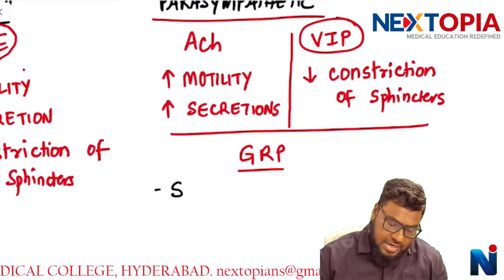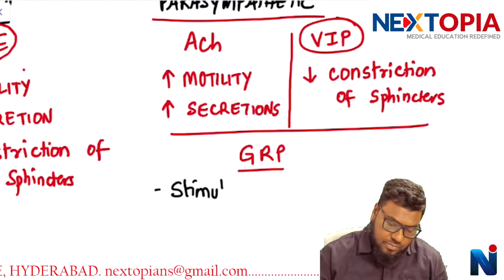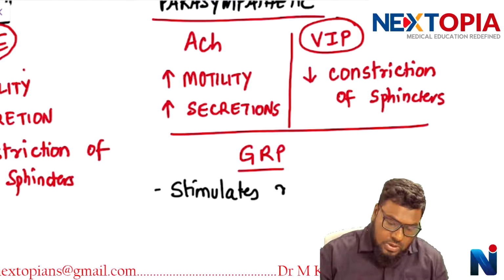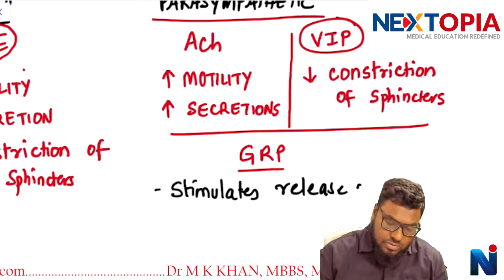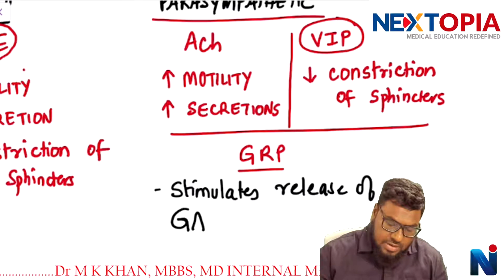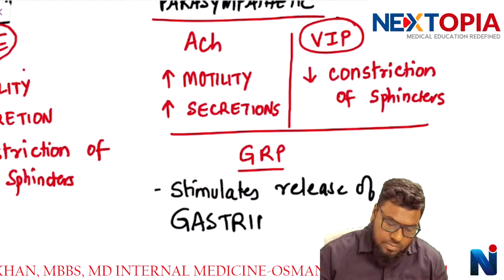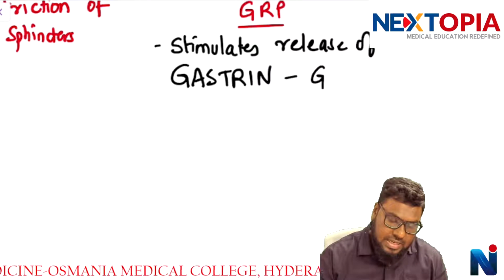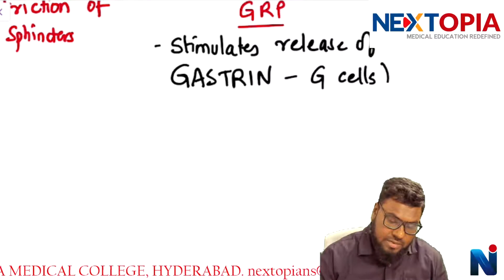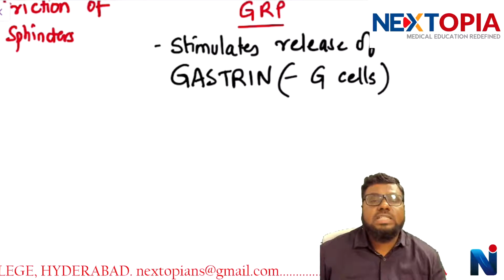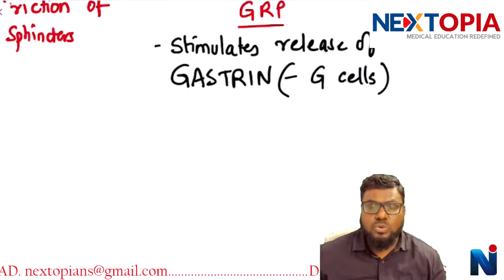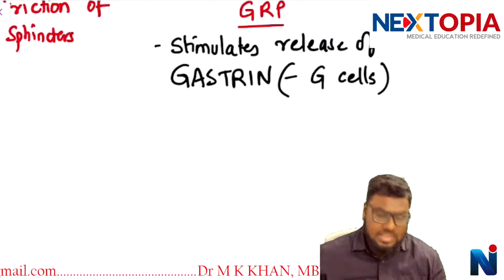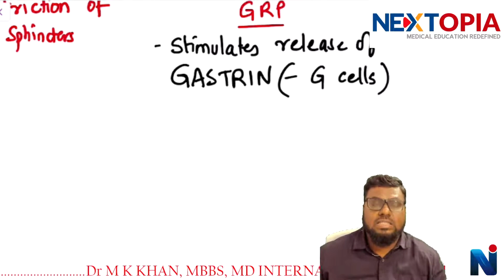It stimulates release of gastrin from where? From the G cells of the intestine. It increases the gastrin secretion from the G cells.